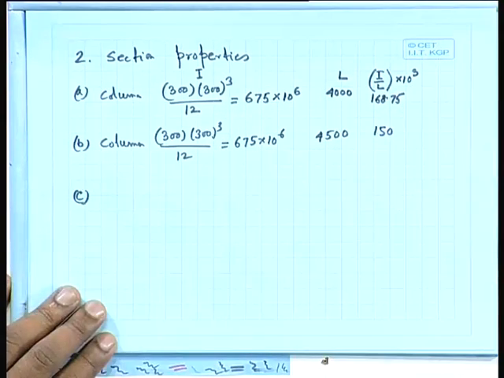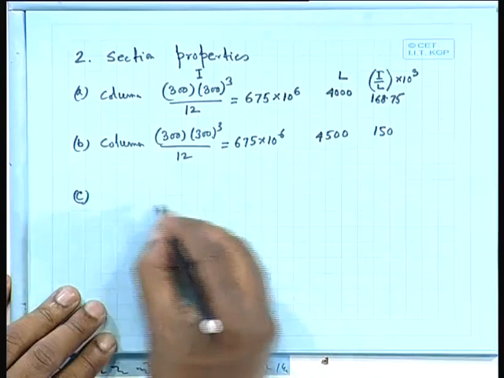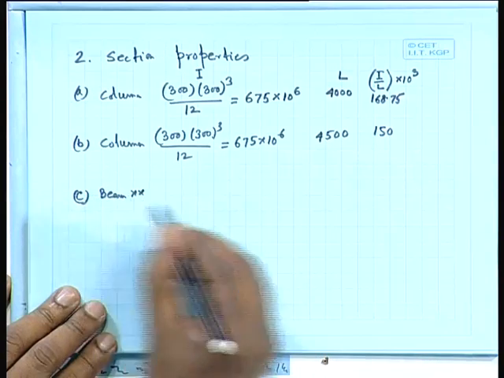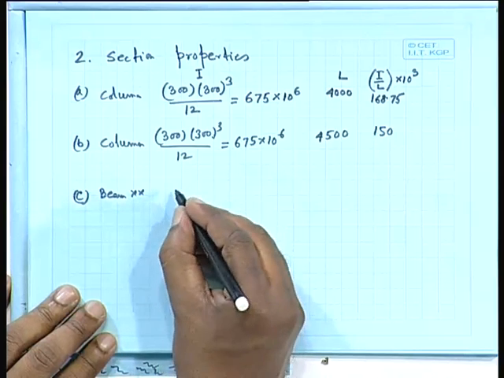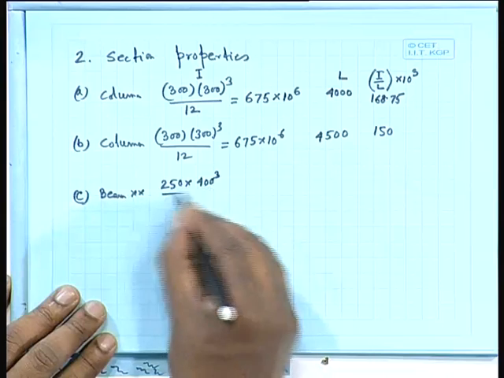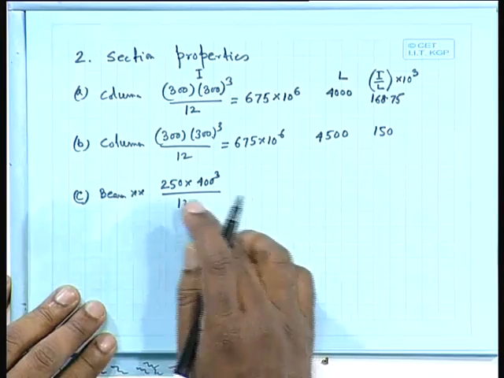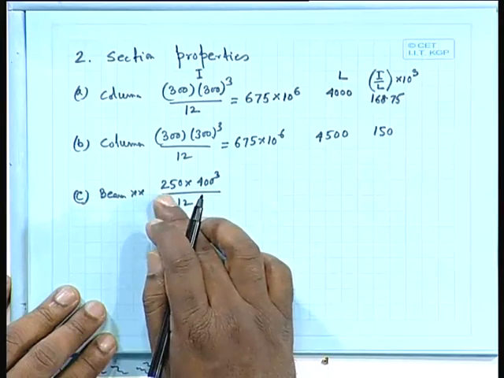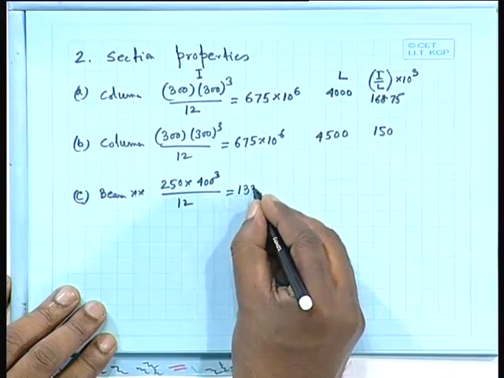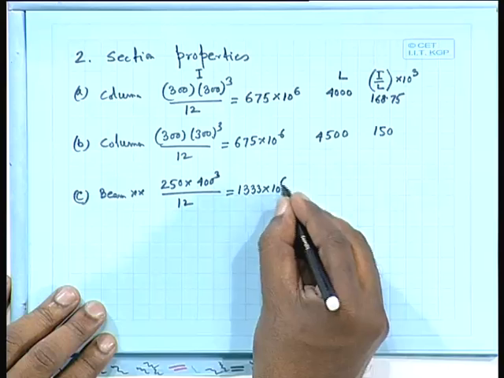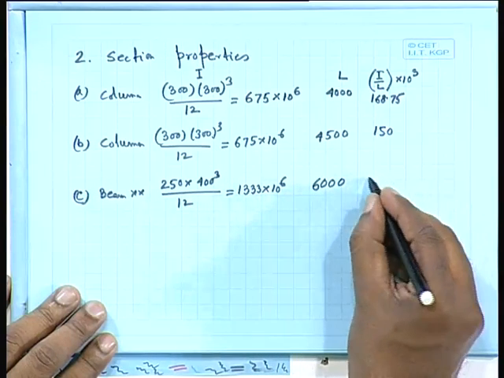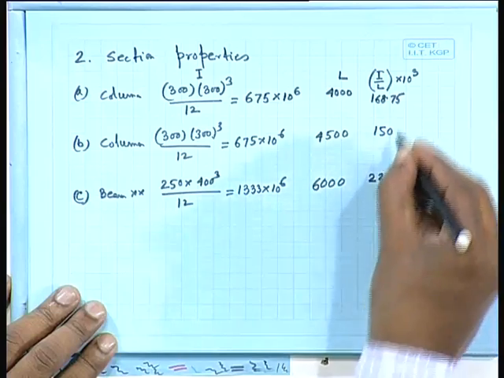C, that is your beam, say XX, in the XX line, and that one 250 into 400 cube by 12, that is along one axis, that is 250 into 400, 250 the width and 400 the overall depth, and this one comes as 1333 into 10 to the power 6, length is here 6000, 6 meter, and we get it here 222 into 10 to the power 3.